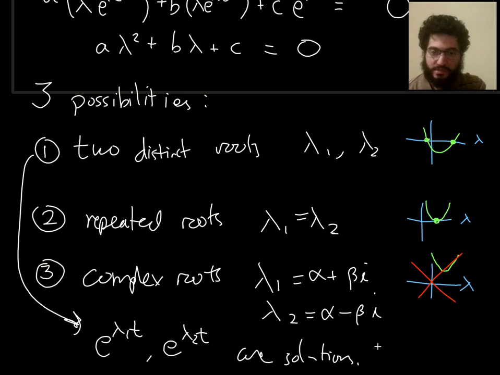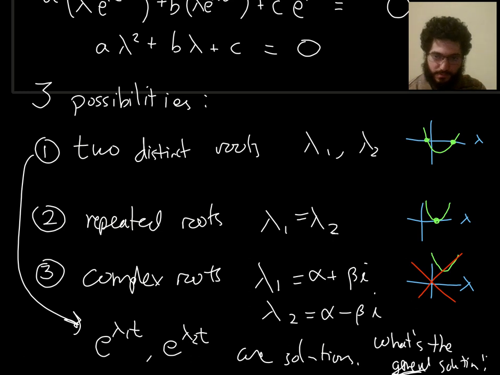But we are still left wondering, what's the general solution? Meaning the solution that has these parameters in it so that I can try to satisfy any initial value problem. And as I dig into each case, we'll discuss how to get the general solution also.